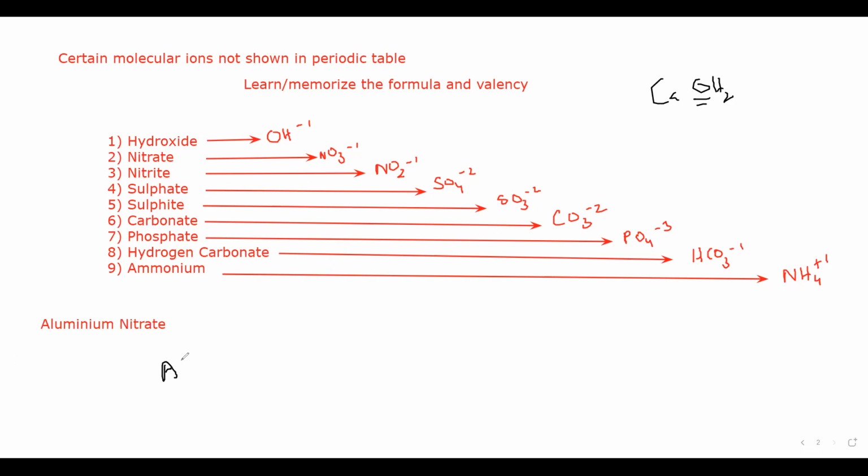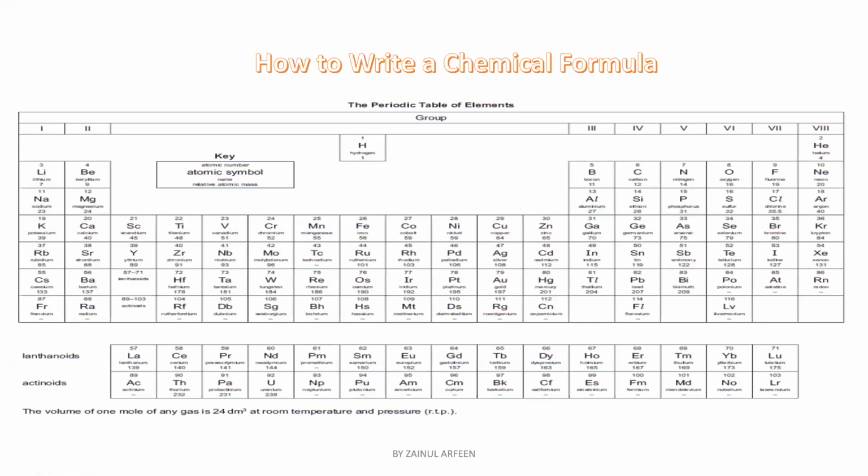We write Al. Then we have to check the valency of aluminum. How to check it? We will use the periodic table. Aluminum belongs to group 3, so the valency of aluminum is +3.